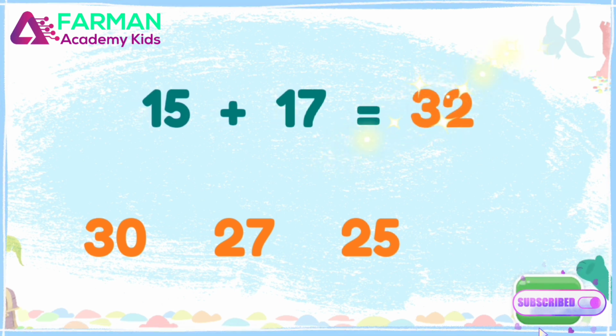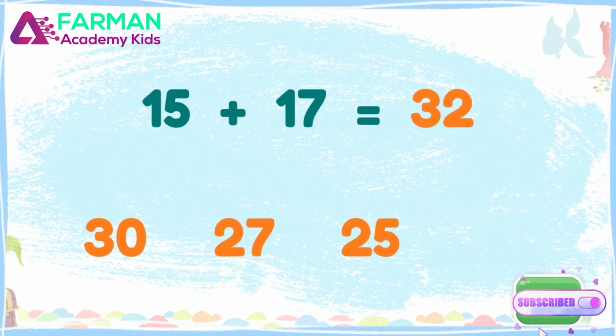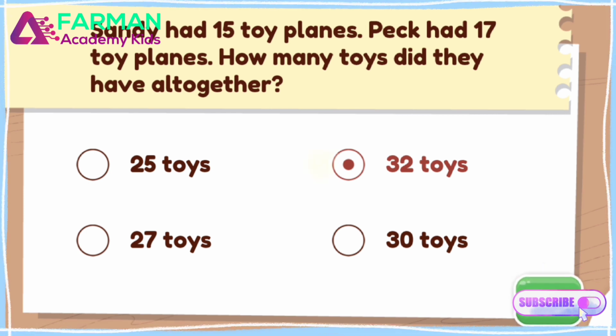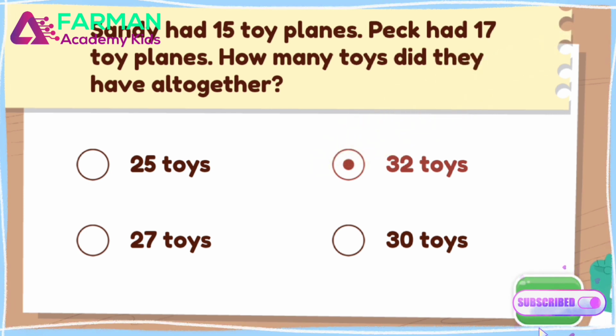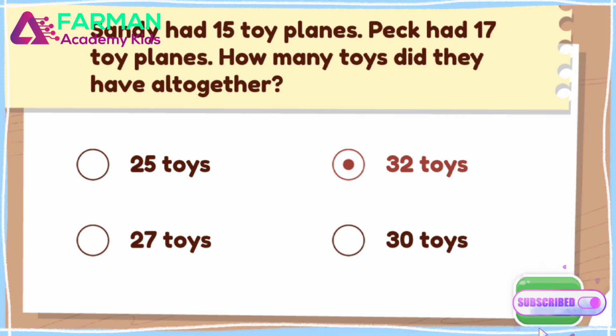That's right! 15 plus 17 is 32. How many toys did they have all together? Woohoo! They had 32 altogether. Thanks for playing with me.